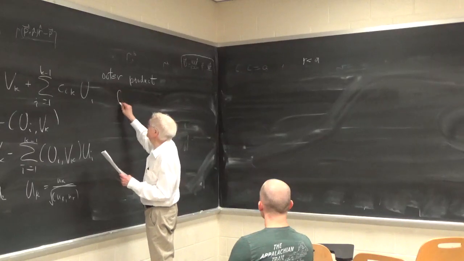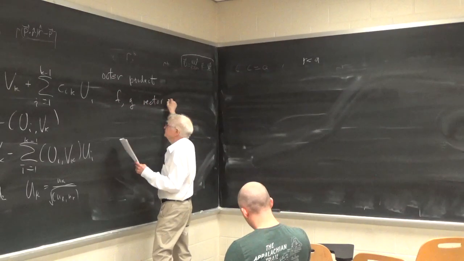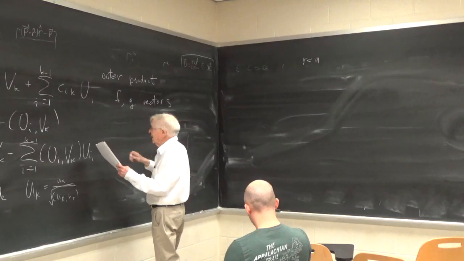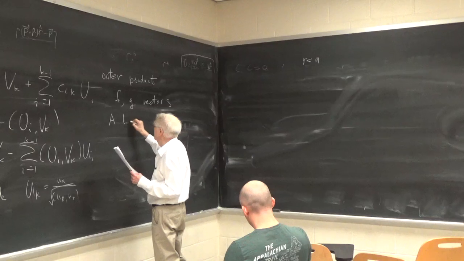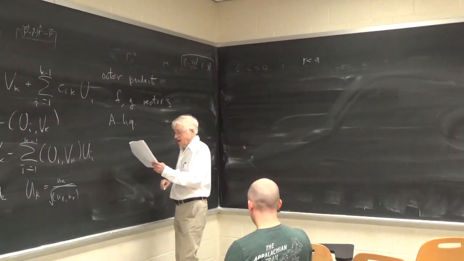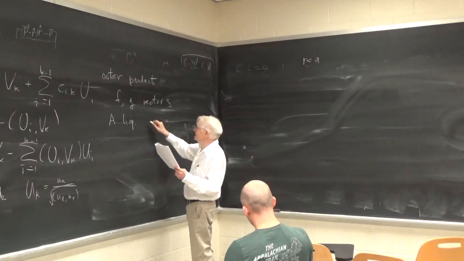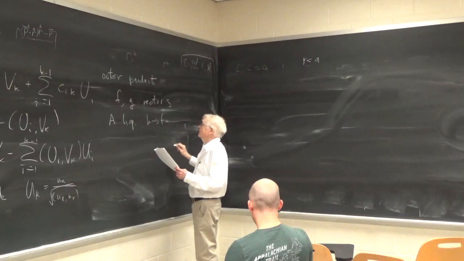So let's suppose we have two vectors. F and G are vectors. And I want to define a linear operator A that maps any vector H into F with a certain coefficient.